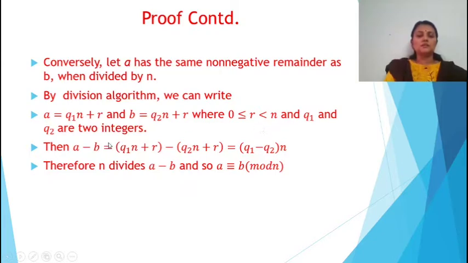Now we find the difference between a and b. a minus b is equal to q1n plus r minus (q2n plus r), which is equal to (q1 minus q2) times n. Therefore n divides a minus b, so we can write a is congruent to b mod n.